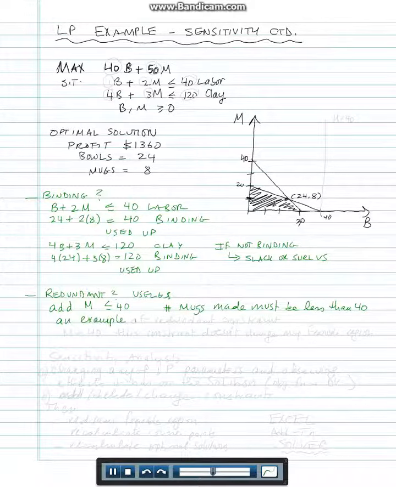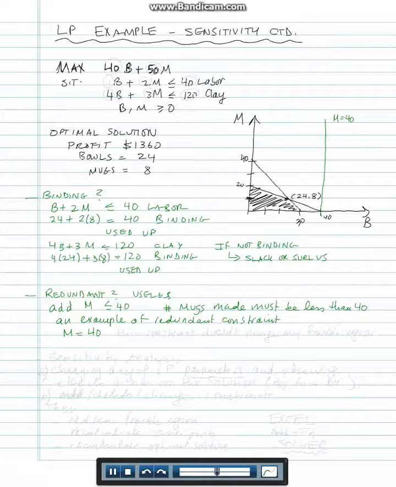Why? Because if we look at the graph, what is M less than or equal to 40? If I turn this into a straight line, that's M equals 40. So M equals 40 would be a straight line parallel to the y-axis. This is M equals 40. And M less than 40 is everything to the left of that.